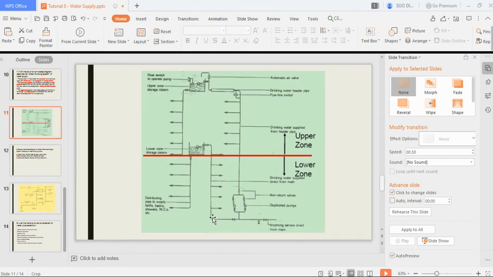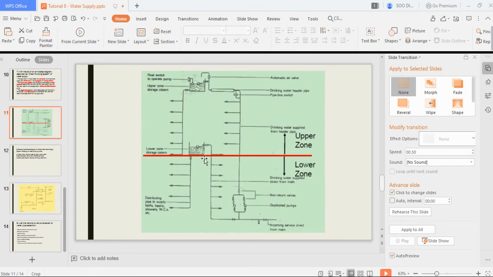So one thing we will notice is that although there will be water storage here, there is a line going out here, which is providing user with direct supply. So this is what it means by a direct supply system.